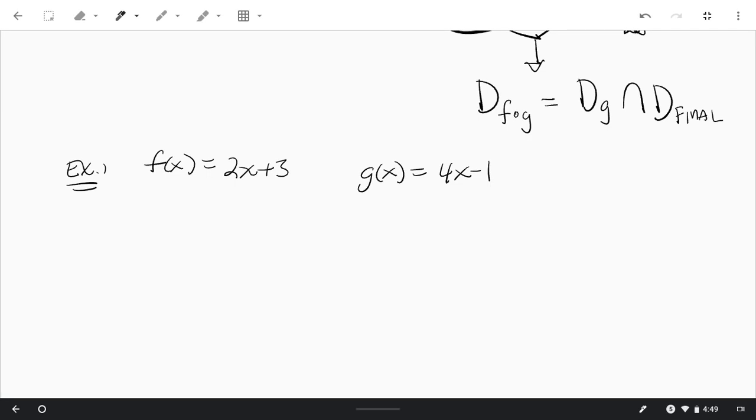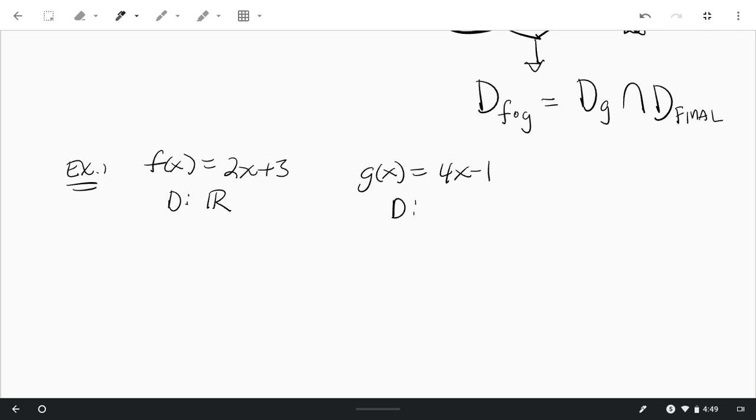When we look at these, the domain here is all real numbers. There are no restrictions, no fractions, no square roots. And the same thing over here for G. There are no restrictions, so the domain here is also all real numbers.